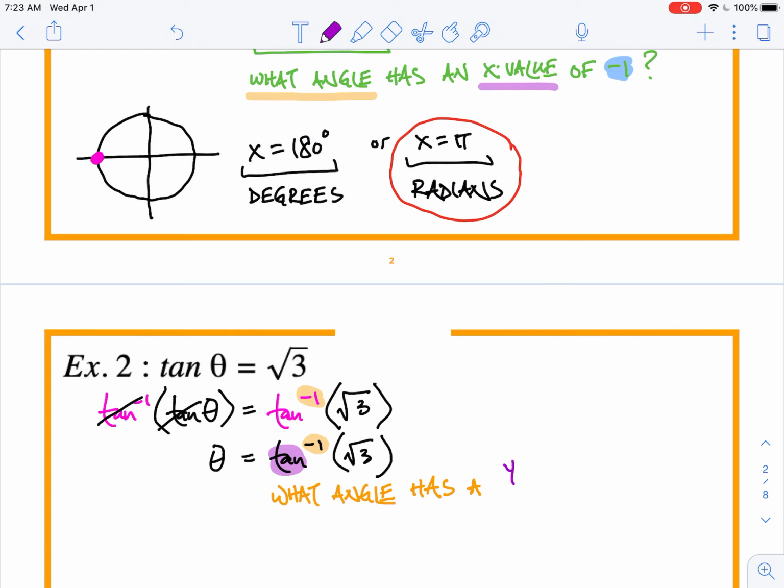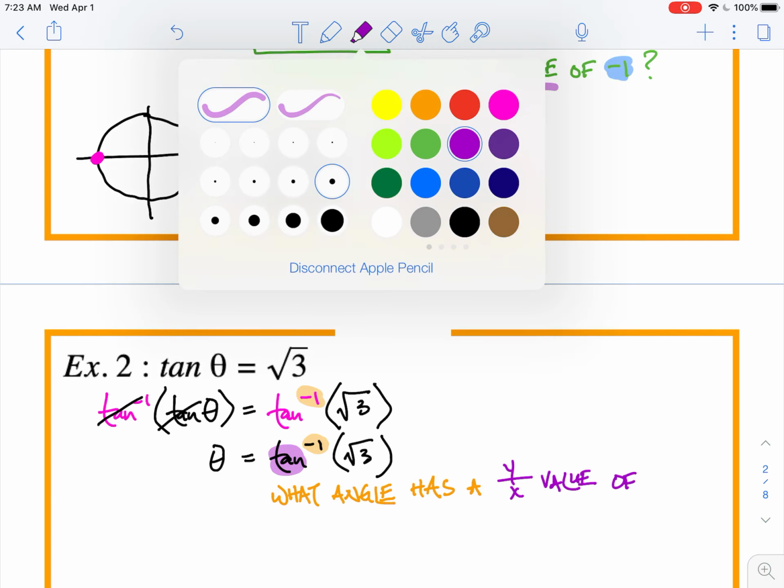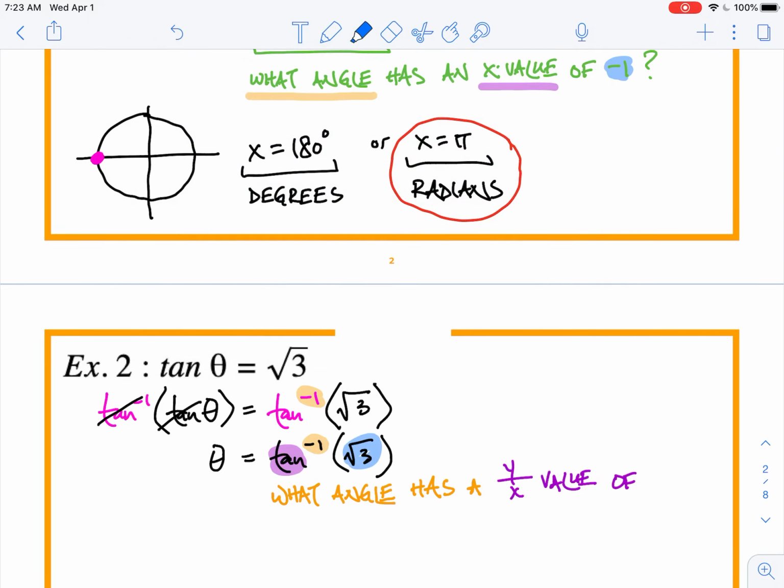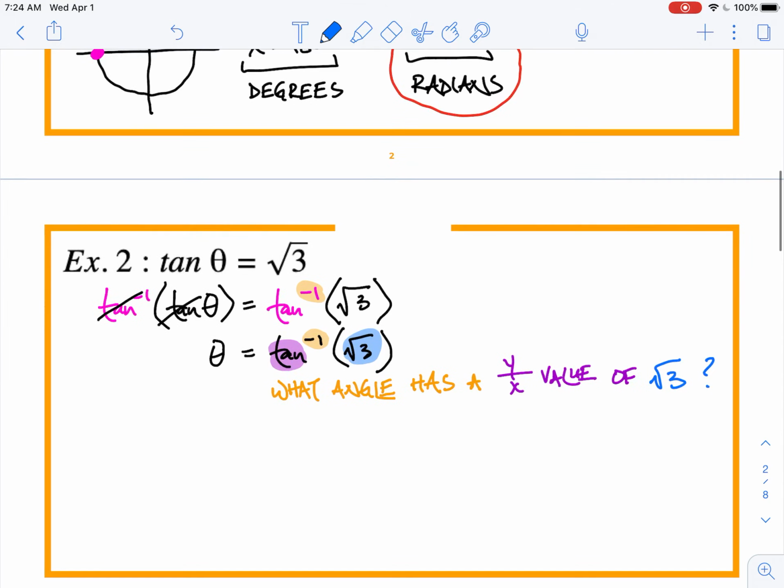Now, tangent actually tells us to find the y over x value. So it's a little bit different than the cosine. So what angle has a y over x value of, what's the value we want to find, is this root 3. So what angle has a y over x value of root 3? That's the question that we're trying to answer.